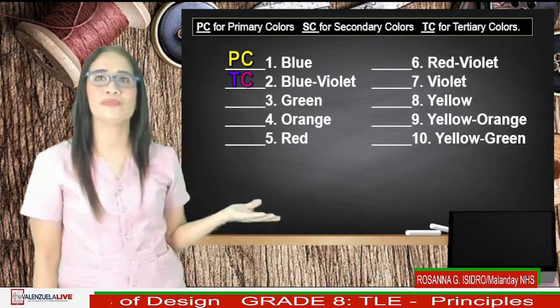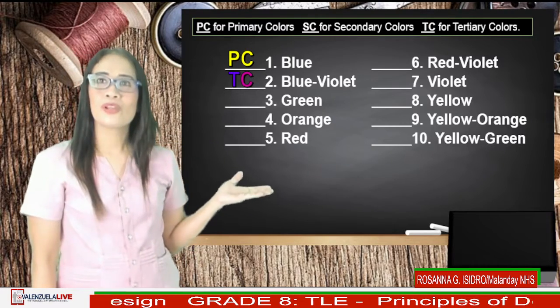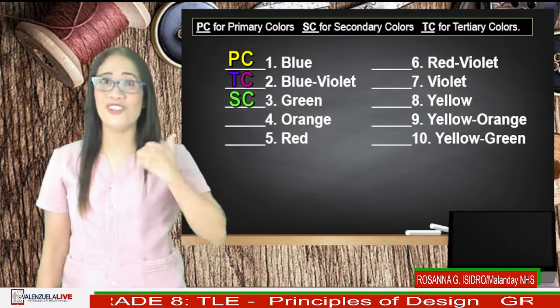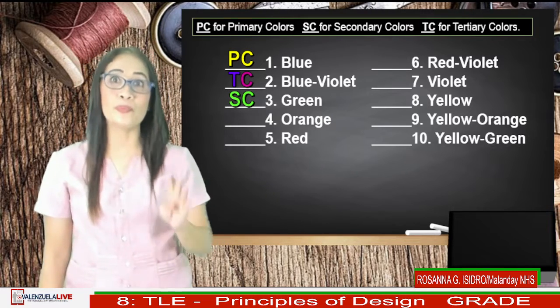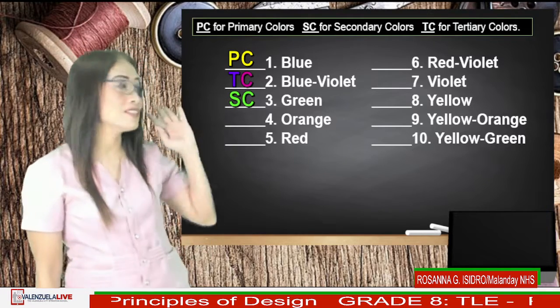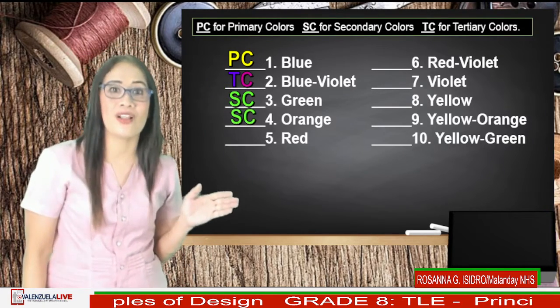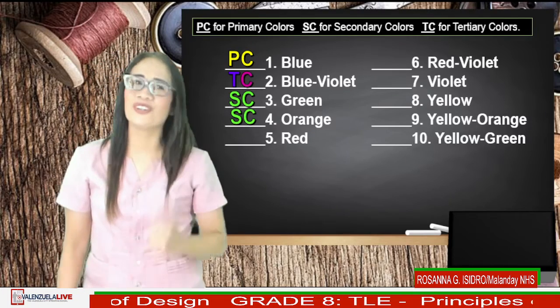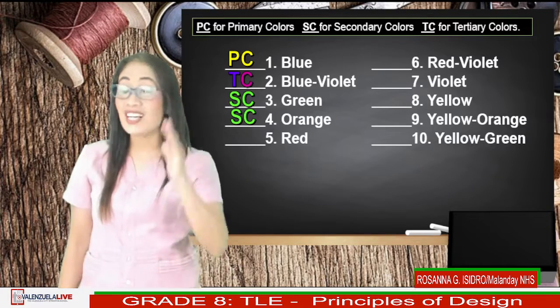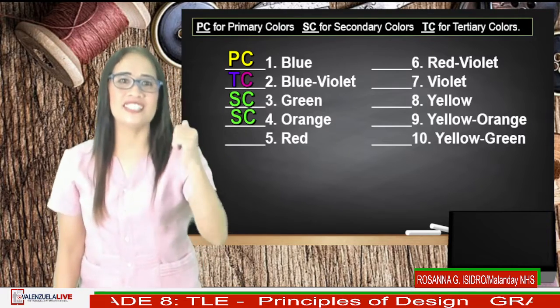Number 3, green. If your answer is SC or secondary color, you're great. Number 4, orange. If your answer is SC or secondary color, very good. Number 5, red. If your answer is PC, very good.